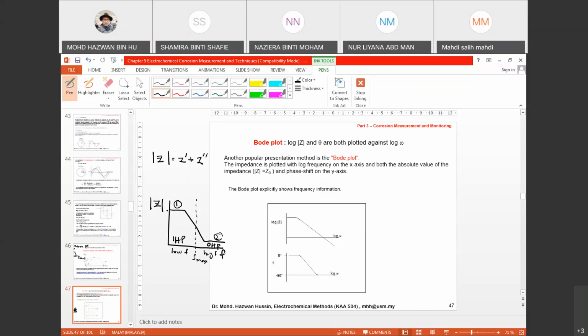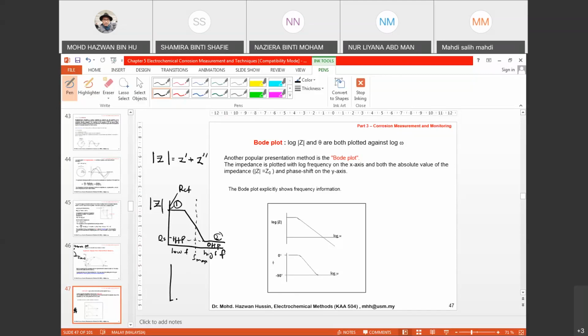The first flat line equals your RCT value, resistance of charge transfer. The other flat line at the higher frequency is your RS value, resistance of solution.